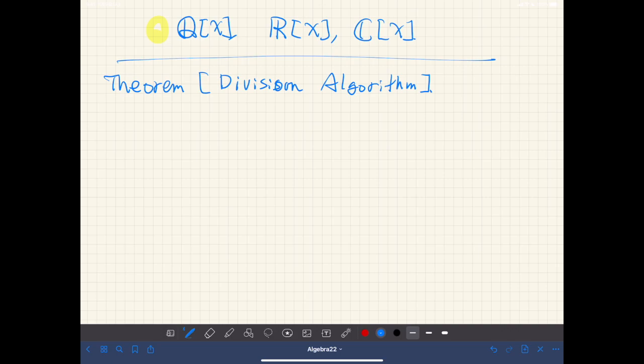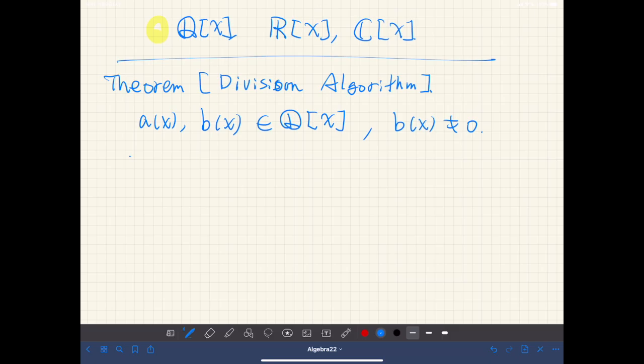So let a of x and b of x be polynomials of rational numbers, and we assume b of x is non-zero.